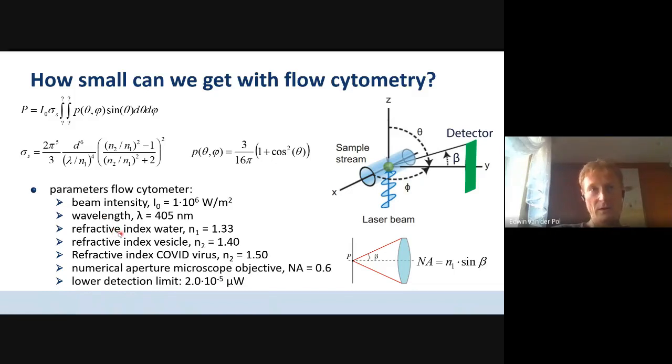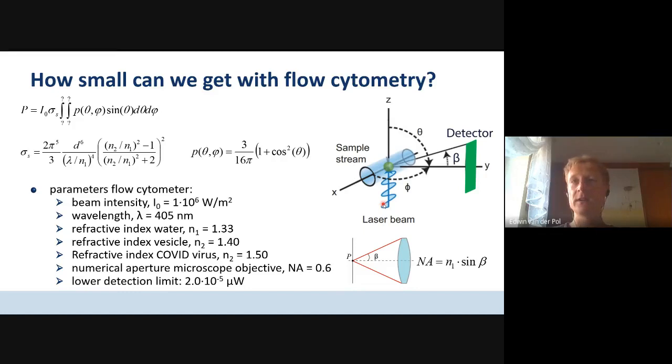And for another question of a COVID virus particle, the numerical aperture of the microscope objective, and the lower detection limit, which is the smallest power which the detector can still detect in order to sense a particle.